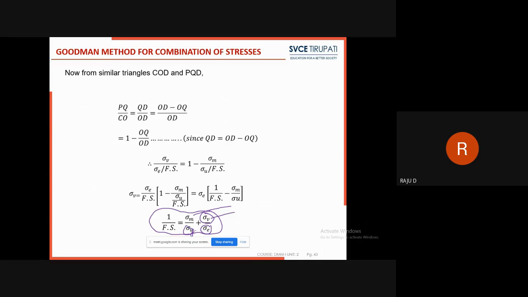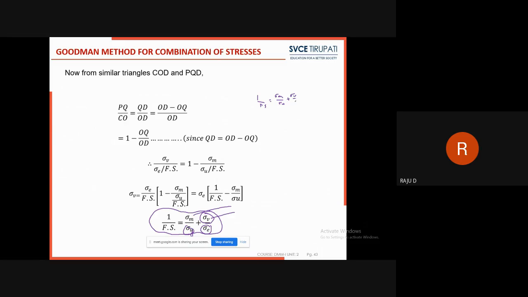That is the way you find out the parameter we are supposed to calculate. So if it is the Goodman line method, 1 by factor of safety is equal to sigma m by sigma u plus sigma v by sigma e. It's a basic formula.